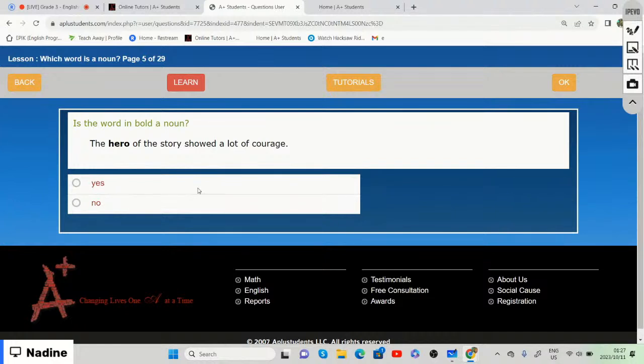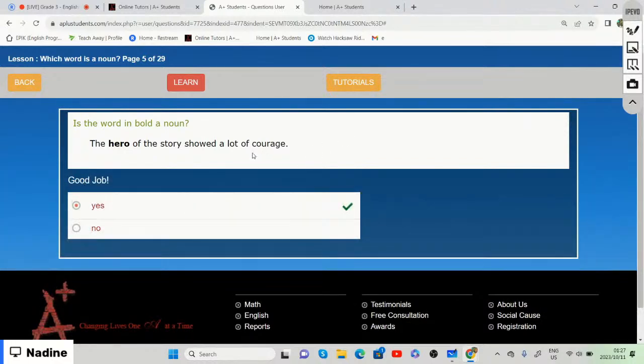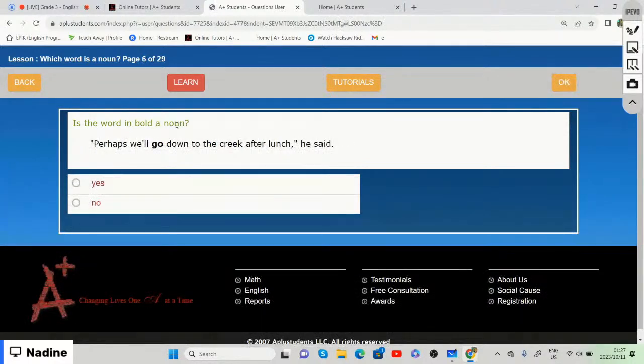All right. So basically, if we look at the word hero, right, and then we need to say if the word hero is a noun, then it's a yes. So hero, it is a noun, right?